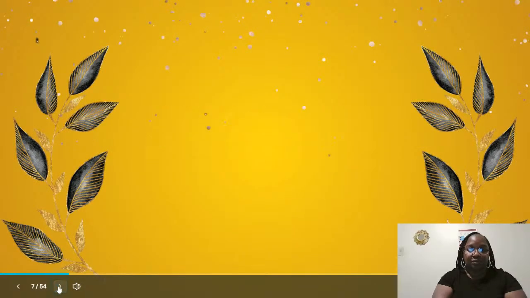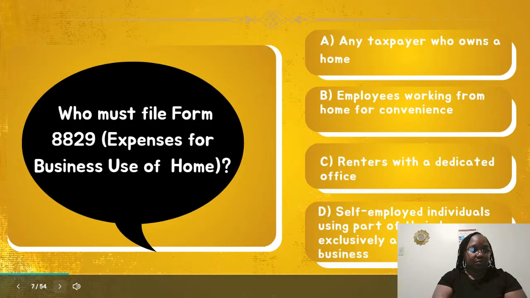Question 1. Who must file Form 8829, expenses for business use of your home? A. Any taxpayer who owns a home. B. Employees working from home for convenience. C. Renters with a dedicated office.